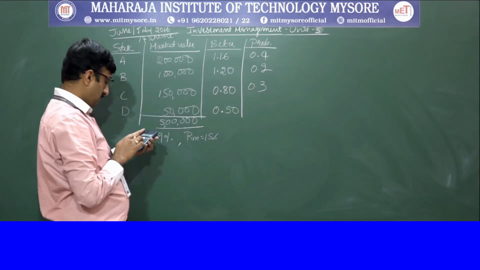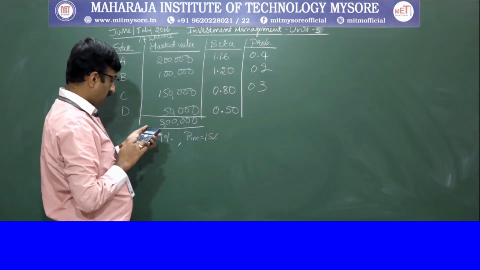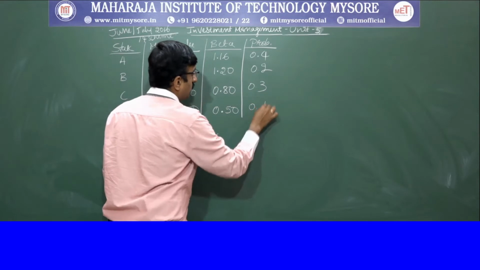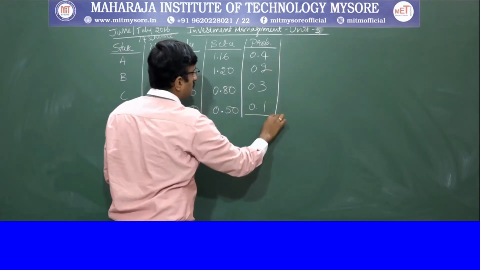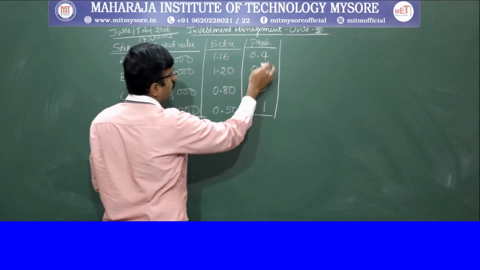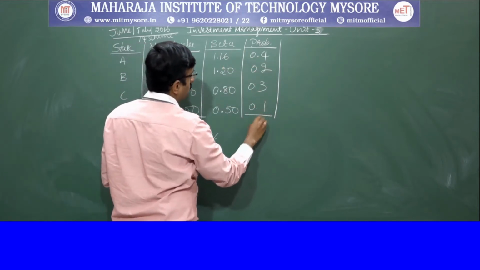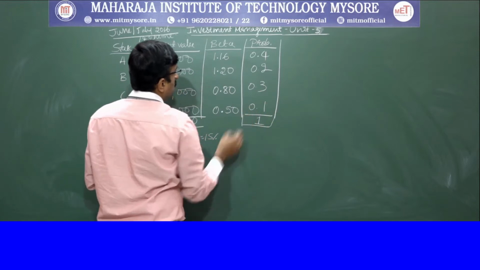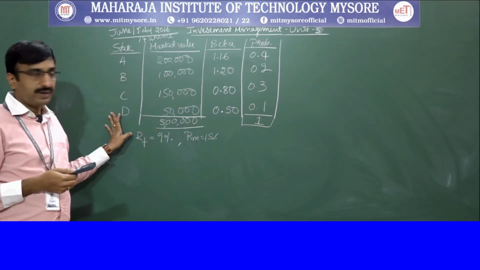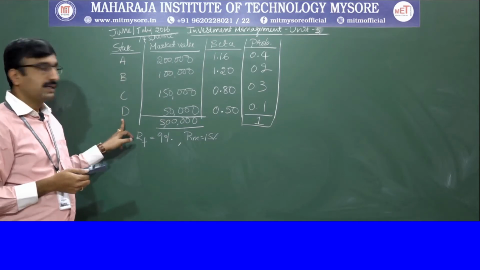Next, 50,000 divided by 5 lakh, you will get 0.1. Okay, after adding these, the total should be 1. So out of 1, it is distributed on a proportionate basis from A to D.